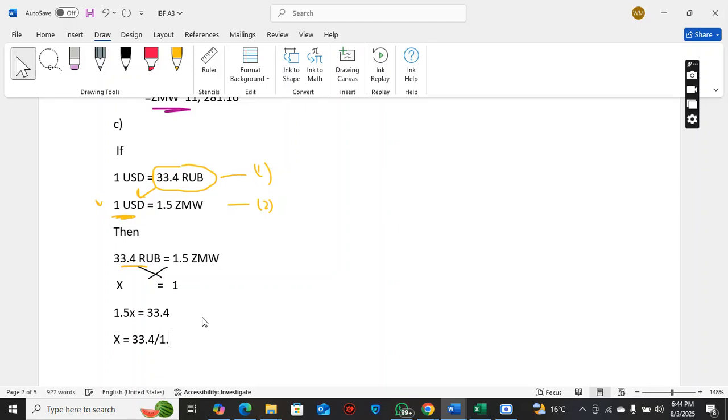So x equals 33.4 divided by 1.75. Let's get our calculators. 33.4 divided by 1.75. I'm getting 34.9, it should reduce though.